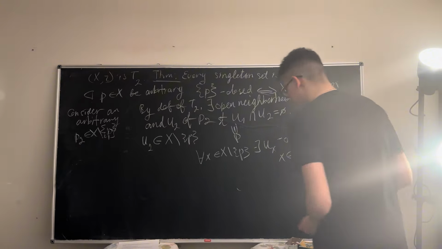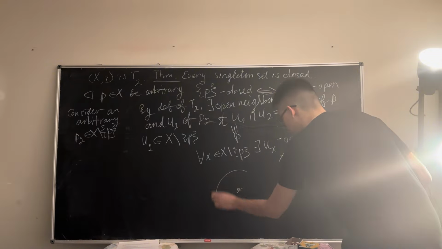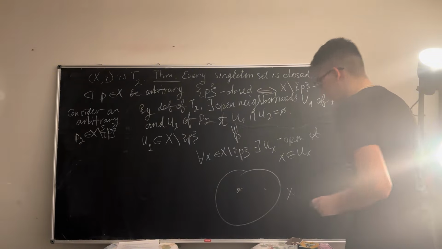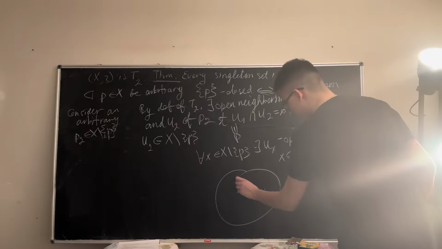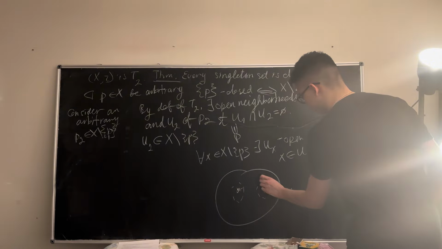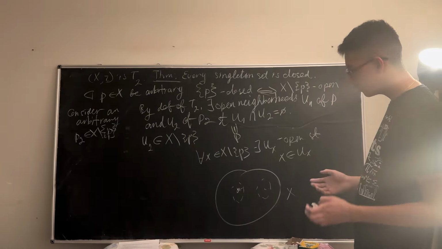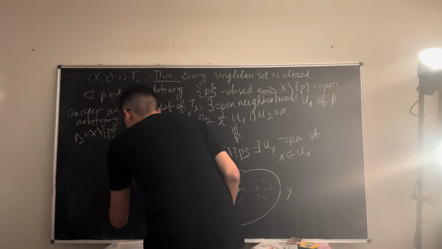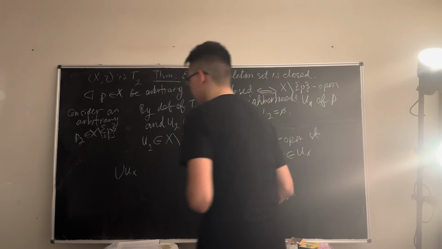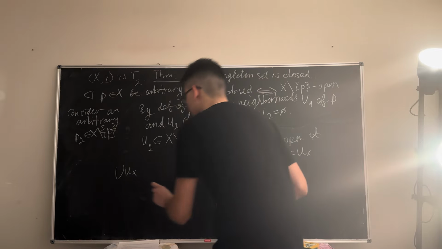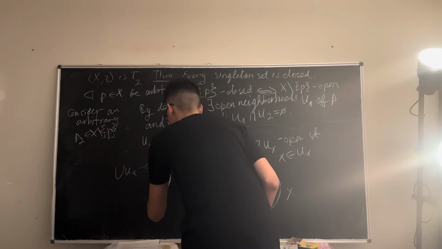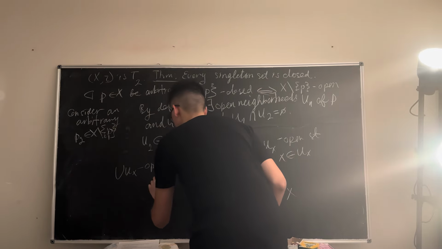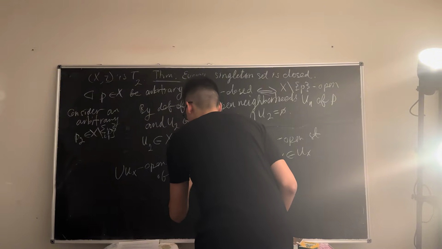So we have p, right here we have x, we just go through every single point in X and separate the two by disjoint open neighborhoods, and that's how we create Ux, which means that the union of Ux is an open cover of X excluding p.